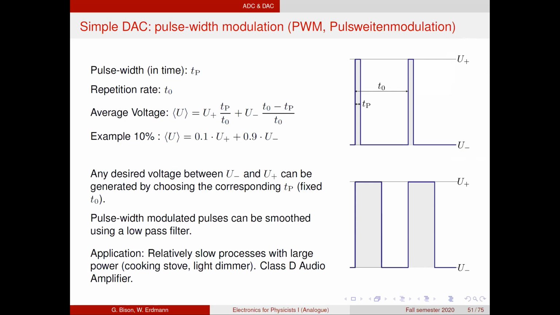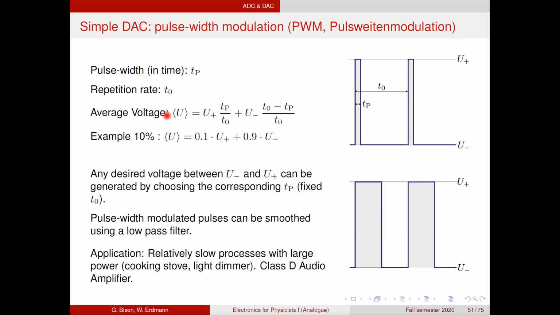This could be plus minus 10 volts, or 0 volts and 5 volts if you have a more modern electronic design. Then we can generate different output voltages simply by changing the timing on how long our output is connected to the plus voltage and how long it's connected to the minus voltage.